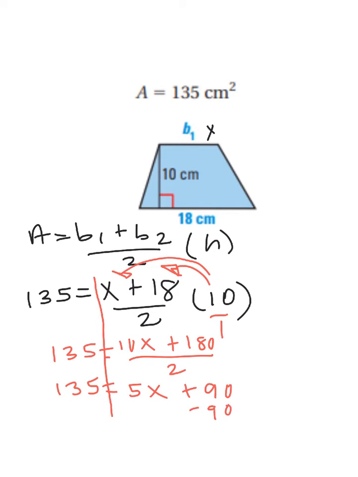So I'm going to subtract 90 on both sides. 135 minus 90 is going to give us 45 equals 5x. And when I divide by 5, I get that x is equal to 9. So base 1 would be equal to 9.